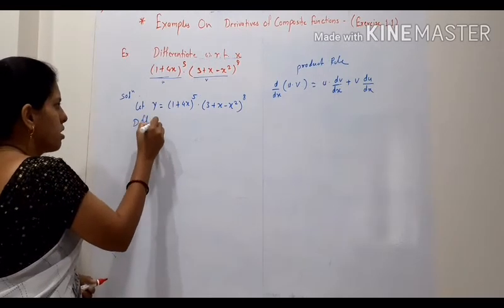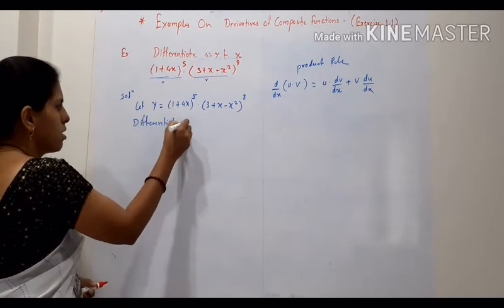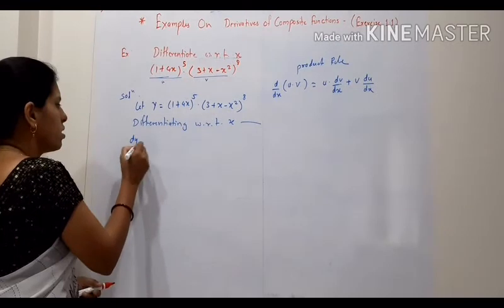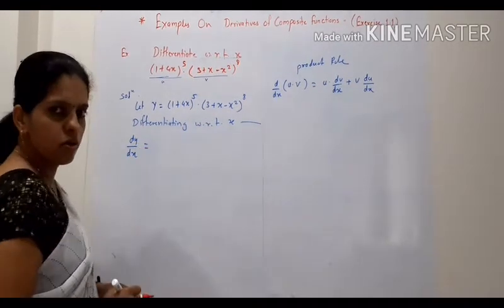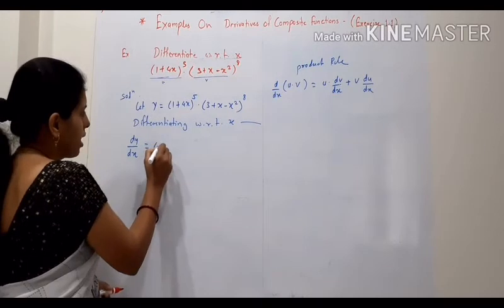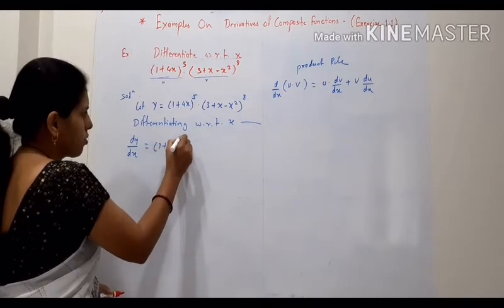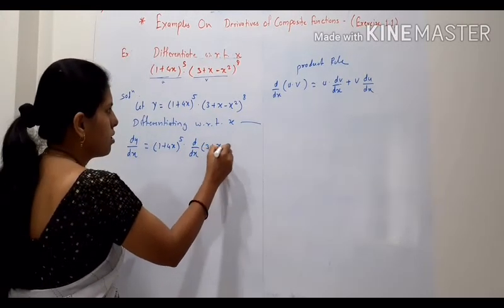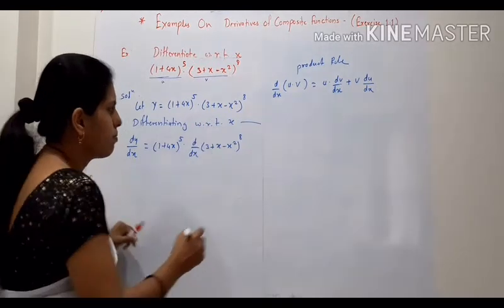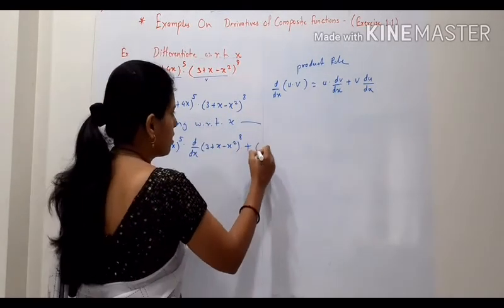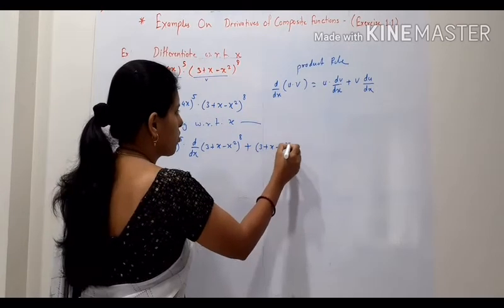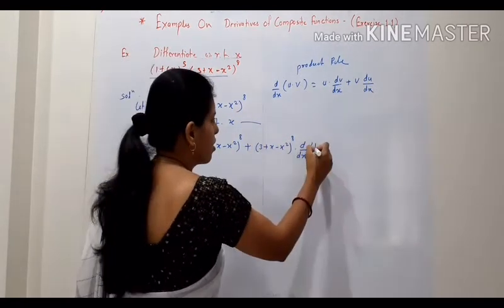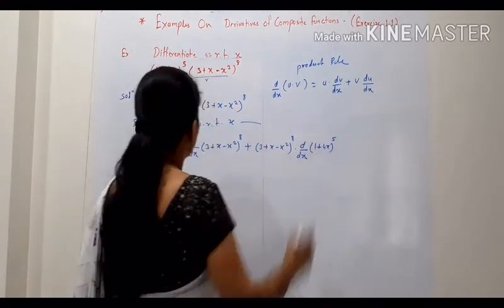Now differentiating with respect to x on both sides, dy by dx is equal to, by the product rule of the derivative, u as it is, (1 + 4x) raised to 5, into the derivative d by dx of v, that is (3 + x - x square) raised to 8, plus v as it is, (3 + x - x square) raised to 8, multiplied by the derivative of the first function (1 + 4x) raised to 5.